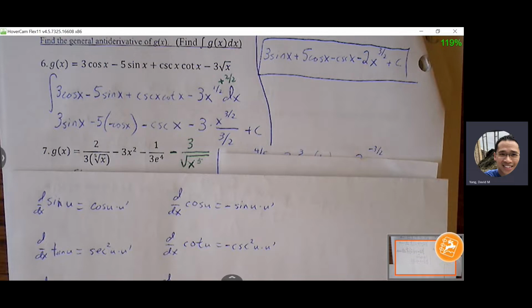The 5 stays, the minus stays, the square stays, the division stays.